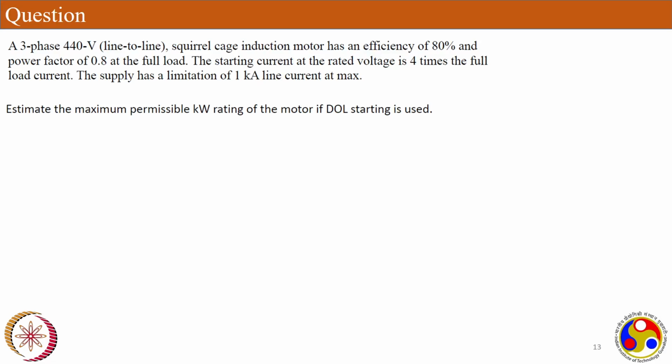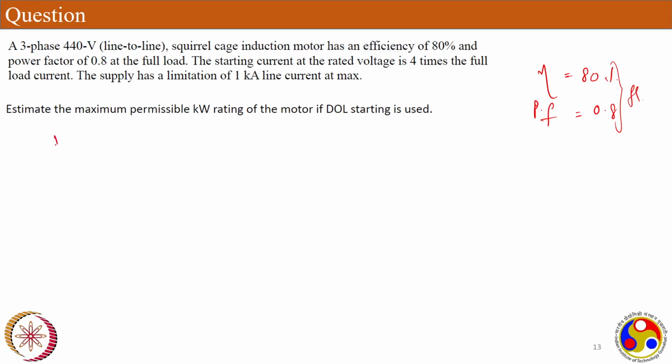The first question: there's a three-phase 440 volt line-to-line voltage squirrel cage induction motor given, and it has an efficiency of 80%, and the power factor is given, it's 0.8 at full load. These are our full load values, and the starting current at the rated voltage is 4 times the full load current.